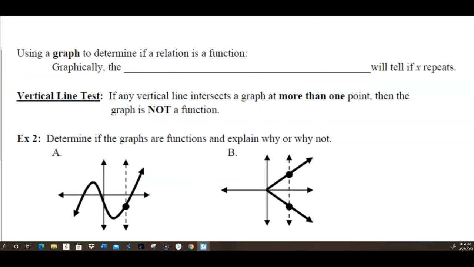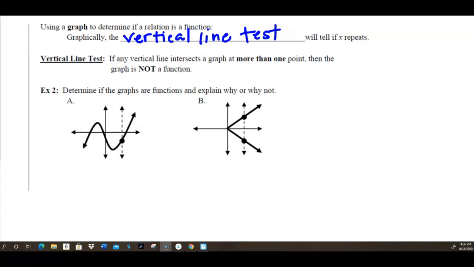All right, looking at the vertical line test, we can use the vertical line test to determine if a graph is a function. If any vertical line intersects a graph at more than one point, then the graph is not a function. Example 2a.